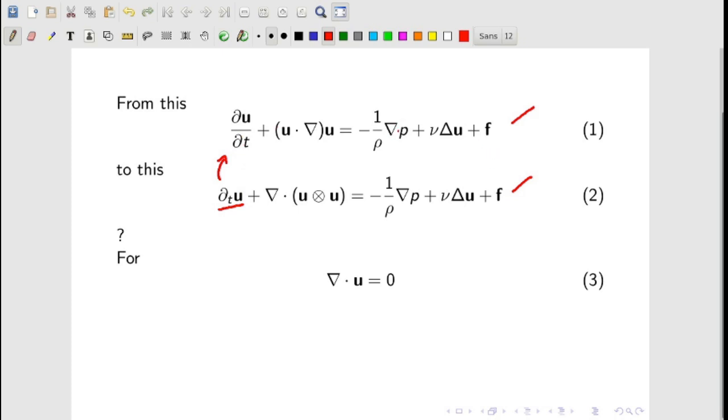The terms here on the right side are pretty much the same, but those equations are only valid if you have this conservation form: the divergence of the velocity field equals 0.